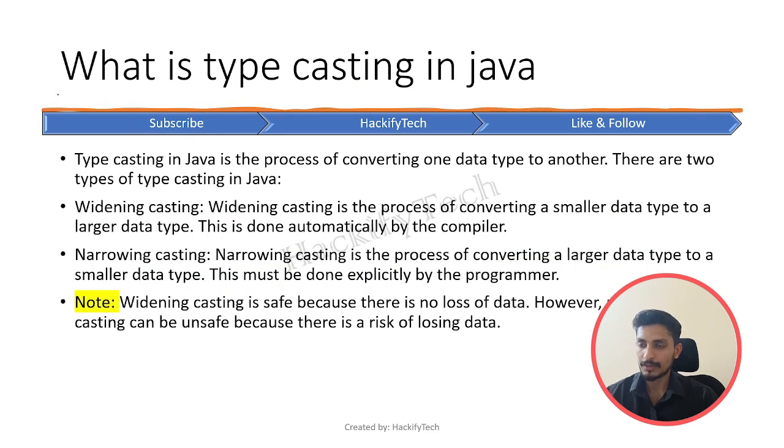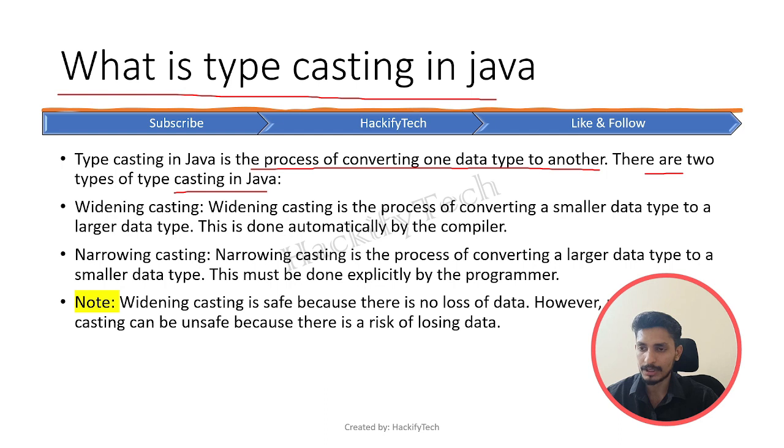Then we have something called typecasting. Typecasting in Java is nothing but the process of converting one data type to another data type. There are two types of typecasting available in Java. One is widening typecasting, which is the process of converting a smaller data type to a larger data type.